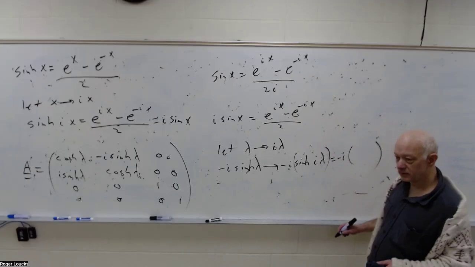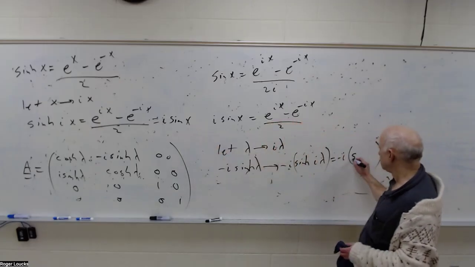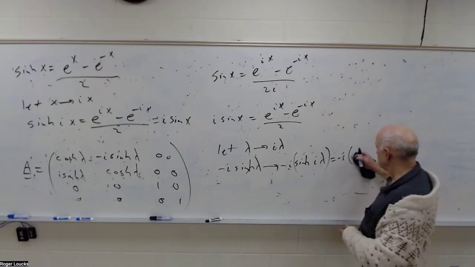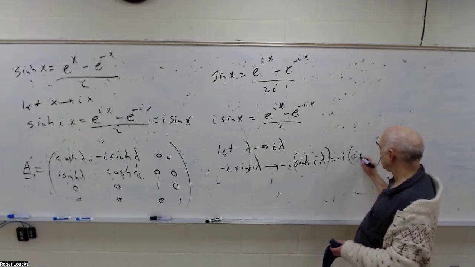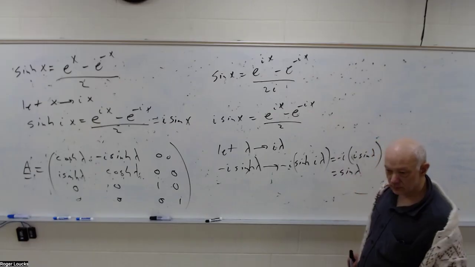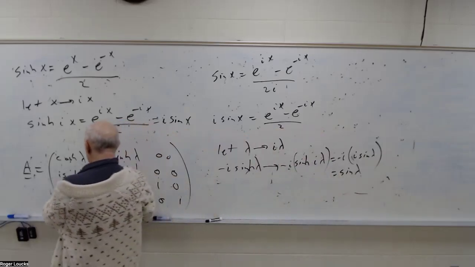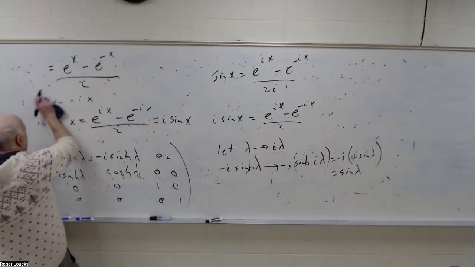Minus i times i sine of lambda, which is sine lambda. See, what happens here is that with this one I'm just going to do a minus sign.